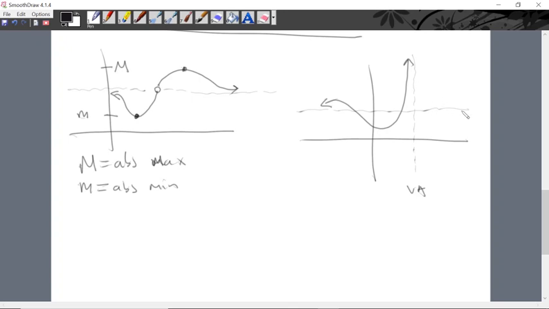How about a rational type function that does something like this? In this case, no matter what point we choose, there's always going to be a point that is lower than that, and no matter what point we choose, there's always going to be a point that's higher. So this would be an example of a function that has no absolute max and no absolute min.